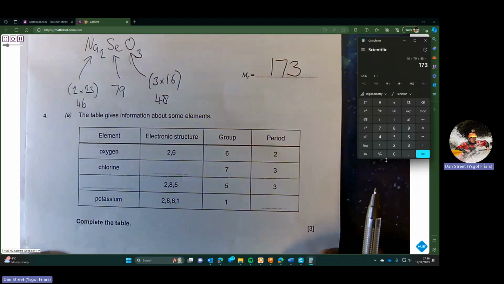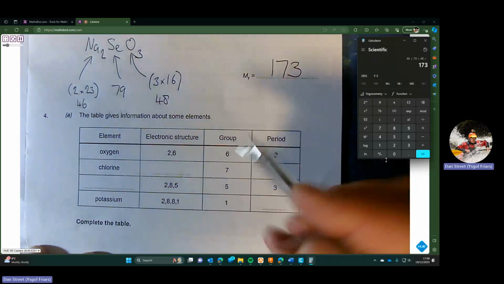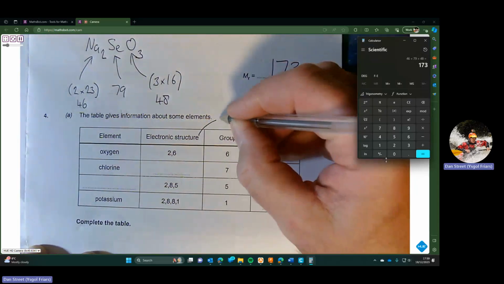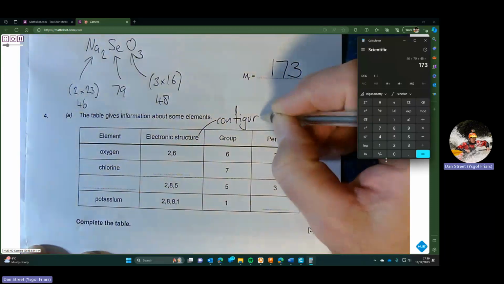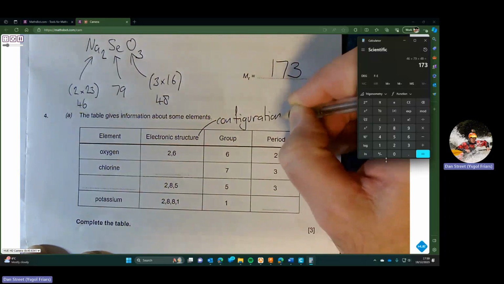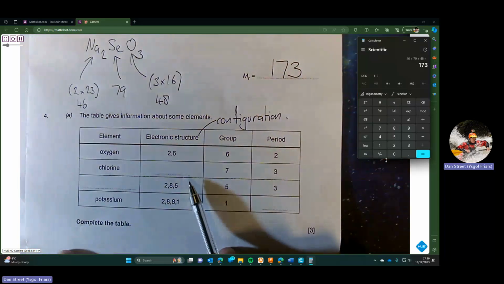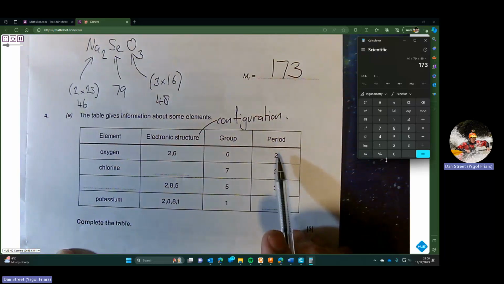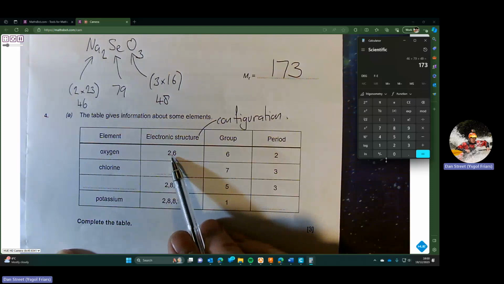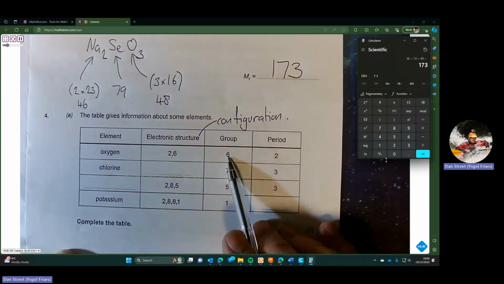Okay, this next question deals with electron configurations or electron structure. Sometimes they're called structures and sometimes they're called configurations. It's the same thing, basically. And this is expecting you to understand the relationship between the electronic structure and the group and the period. So oxygen has got a structure of 2,6. It's in group 6.